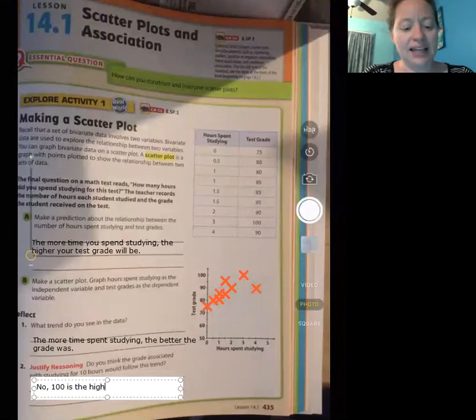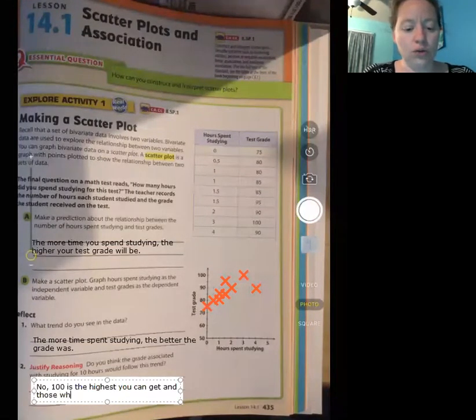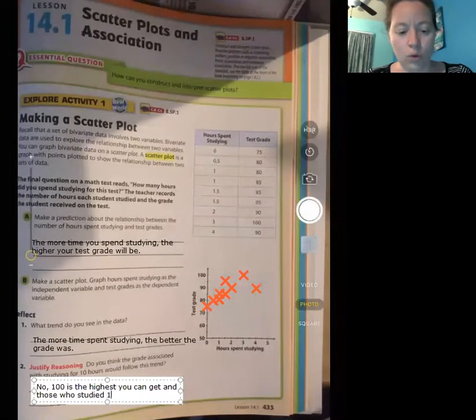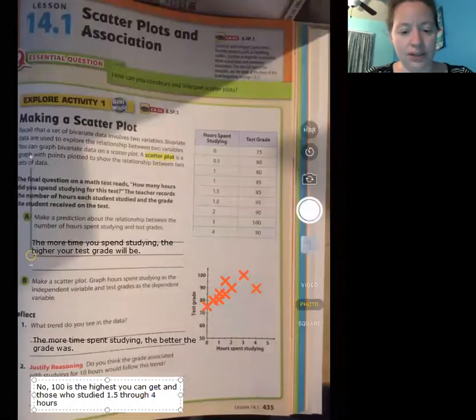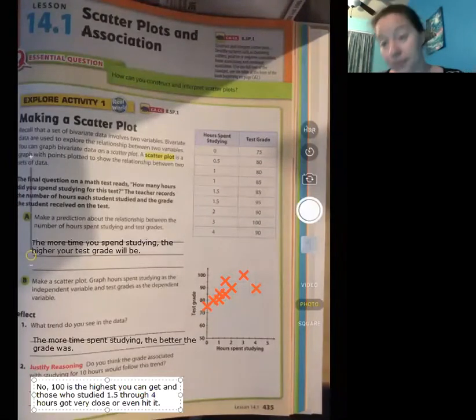100 is the highest you can get, and those who studied 1.5 through 4 hours got very close, or even hit it.